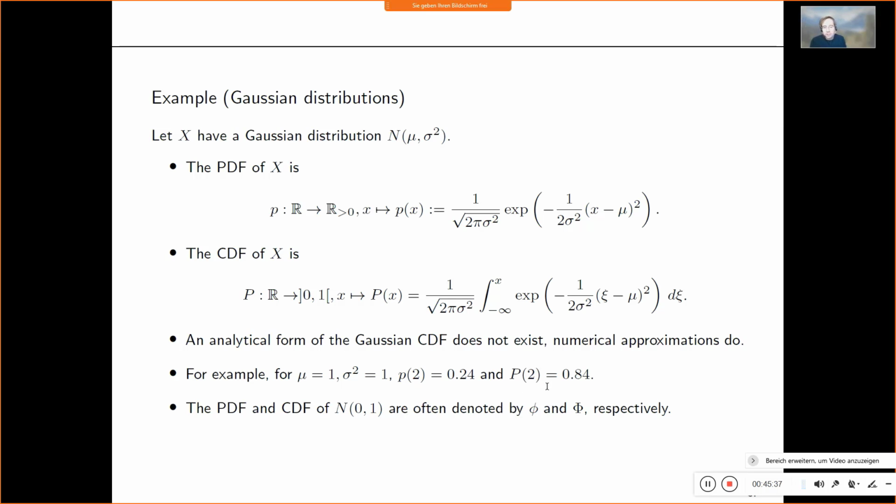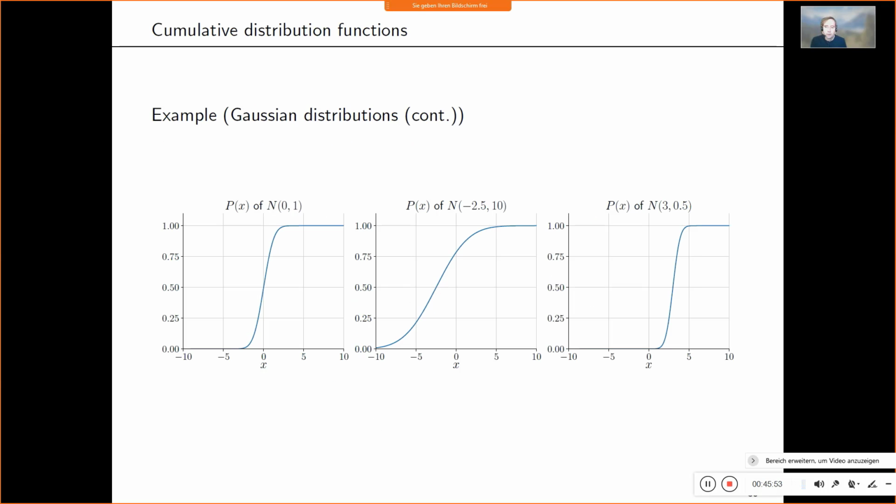In statistics, you will also find the notation of small phi and big phi for the PDF and the CDF of a standard normal. This is something that you might come across often, and we will also come across.